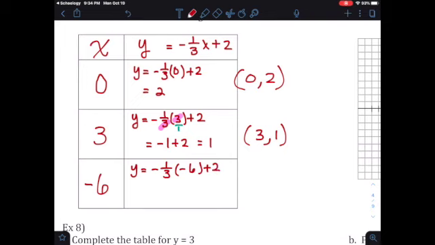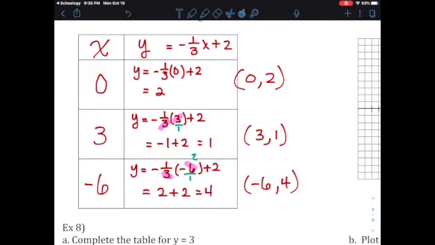And because that is a negative 6 over 1, you can cancel them. This and this cancel out. That will be 2. Then negative times negative becomes positive. So it's going to be positive 2 plus 2. And that's 4. So your point is negative 6, 4.